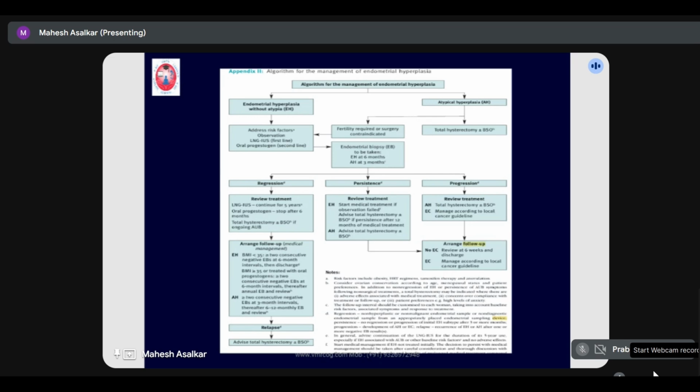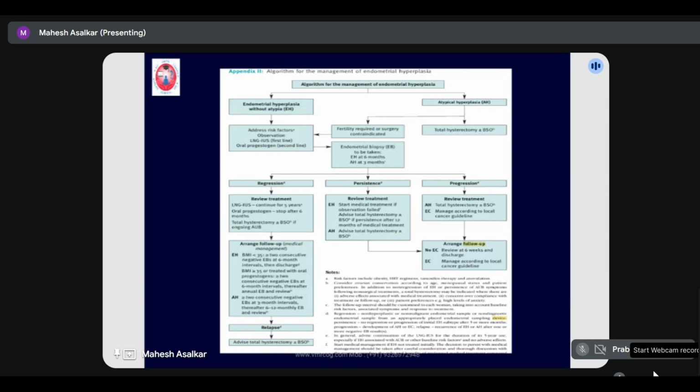So for endometrial hyperplasia surveillance, endometrial biopsy is 6-monthly, and in this biopsy, what are we going to find? There can be regression, there can be persistence, or there can be progression. These are the outcomes which you can get in the surveillance. If it is a regression, then if it is LNG-IUS, we will continue the treatment for 5 years.